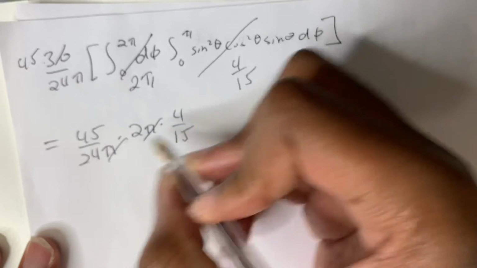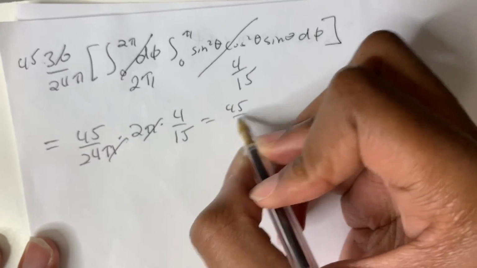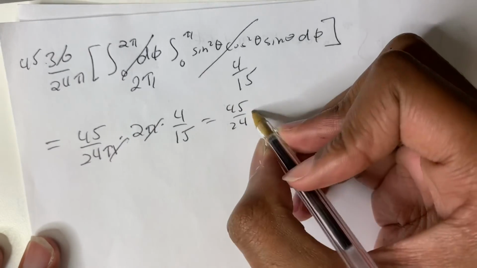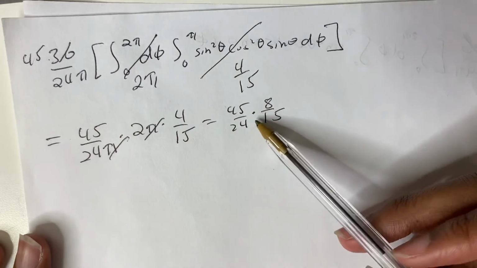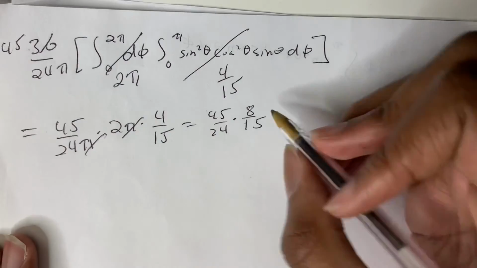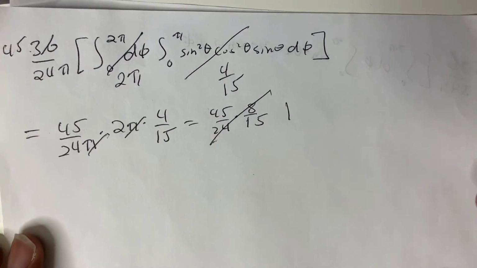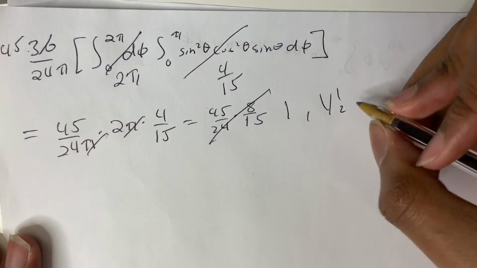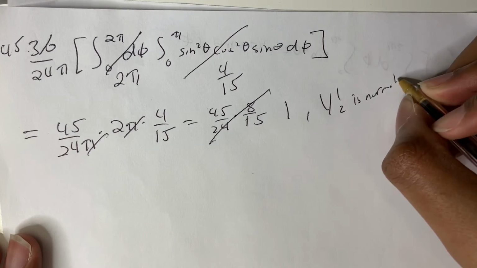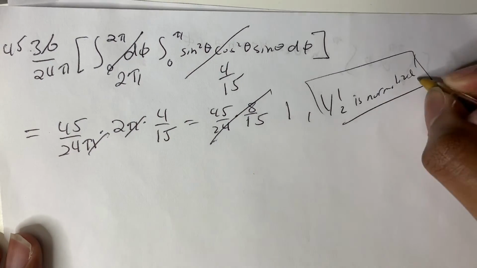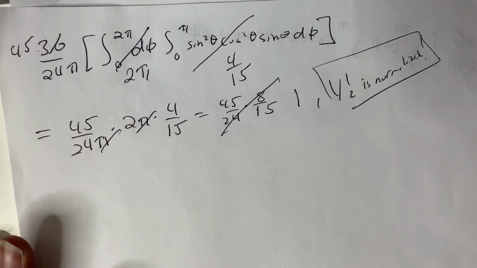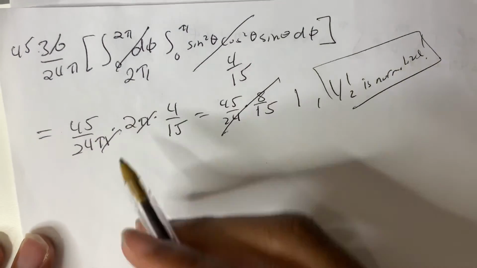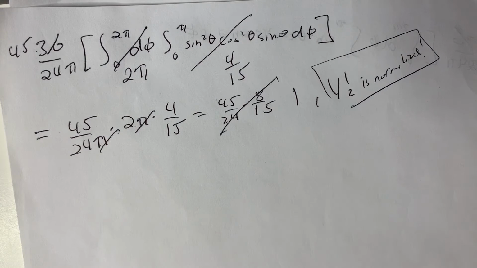The pi's cancel out, and we have 45 over 24 times 8 over 15. If you put this in a calculator, you'd find that this is 1. So y12 is normalized. Now our last question is whether they are actually orthogonal. If they are orthogonal, the integral of both of them together should give us 0.